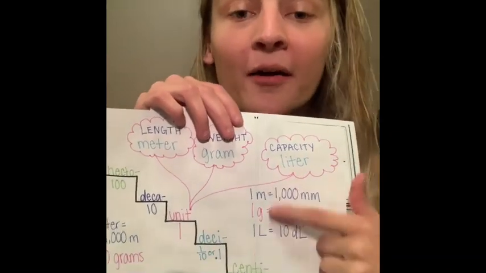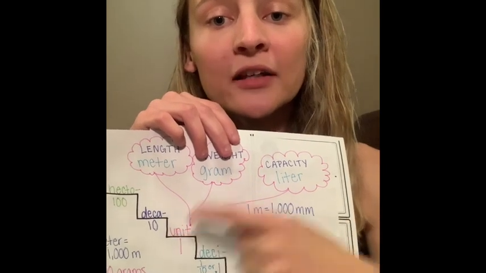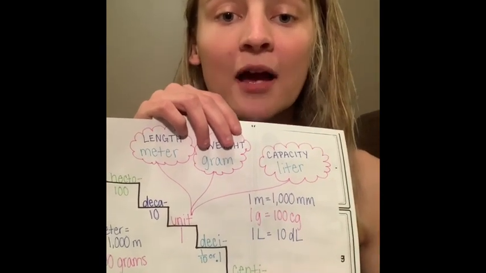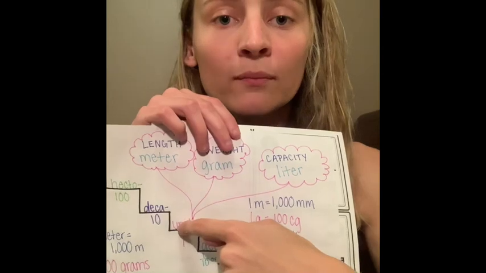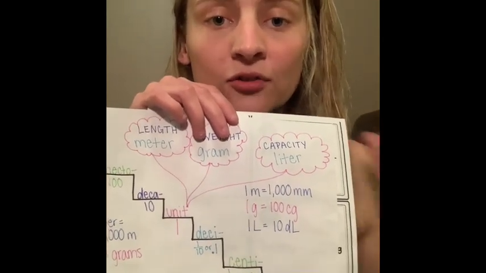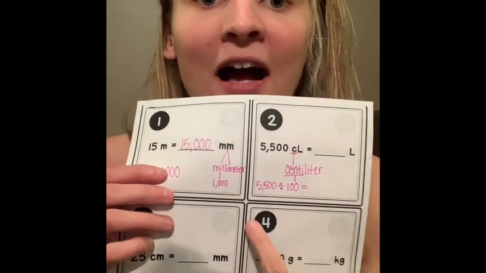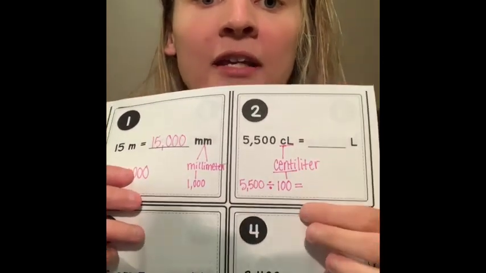Anyway, so we go from centiliter to liter, and we go up the stairs 2 times. 1, 2. So centi means 1/100th. So when we go up the staircase, we divide. So we have 5,500 divided by 100.